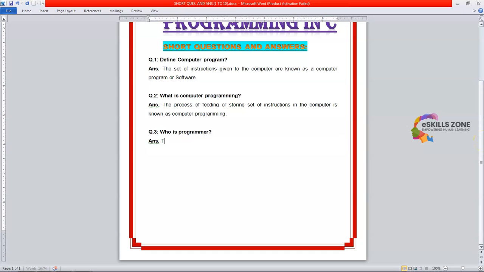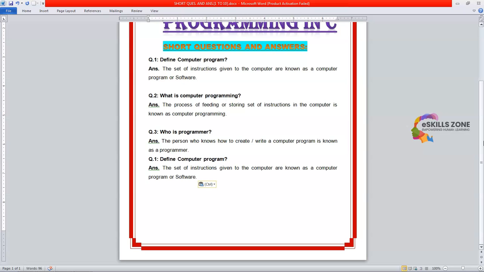The answer is, the person who knows how to create, or you can call it write, a computer program is known as a computer programmer, or you can call it programmer. Just programmer is enough.